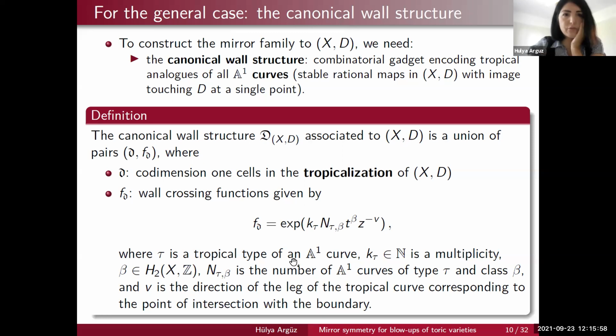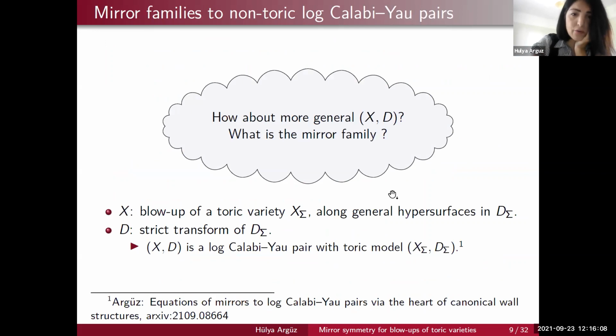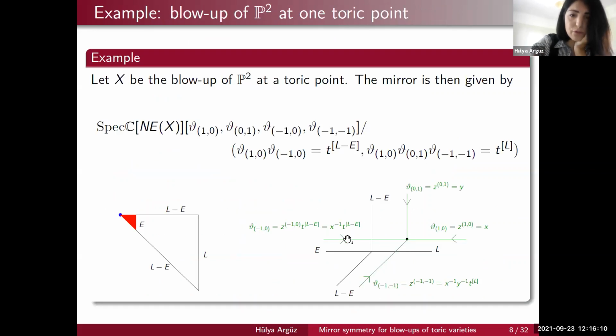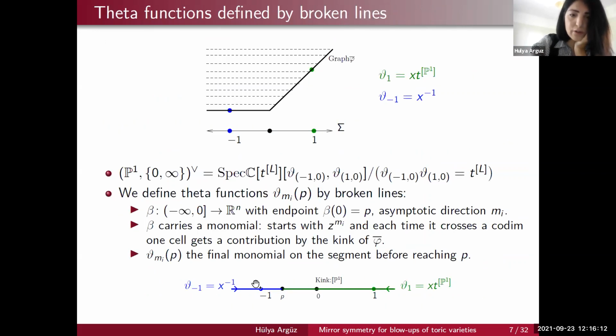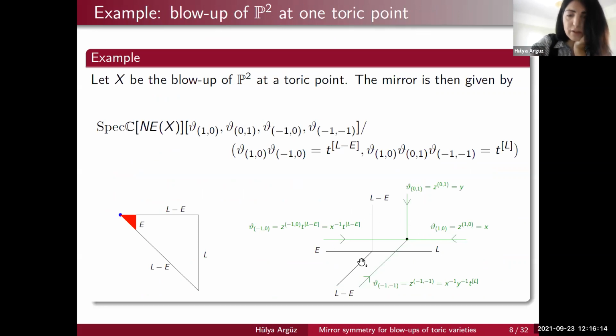To understand the explicit equations of mirrors, what we need to do is find an analog of the toric fan for non-toric varieties. How it worked in toric situations: we endowed the toric fan with some additional data by PL functions, and we counted theta functions there.